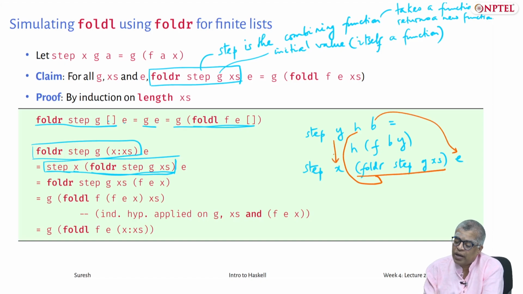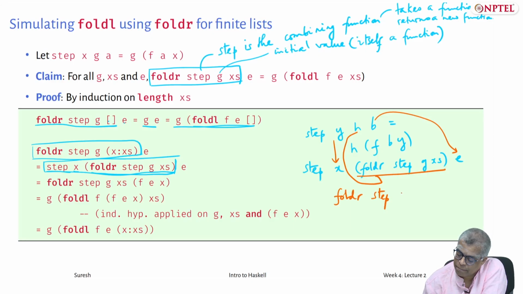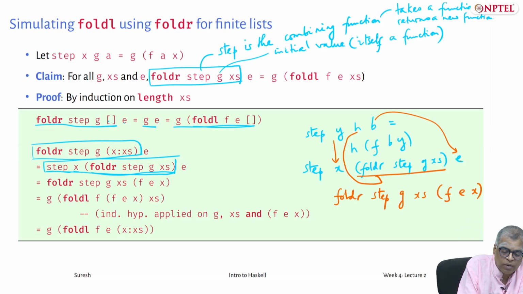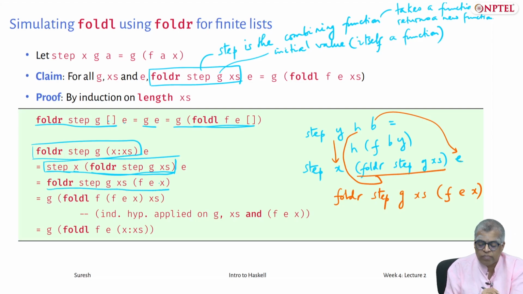Then I should get h applied on f b y, so I will get foldr step g xs applied on f e x. f b y is nothing but f e x. So, that is this expression here, foldr step g xs (f e x).